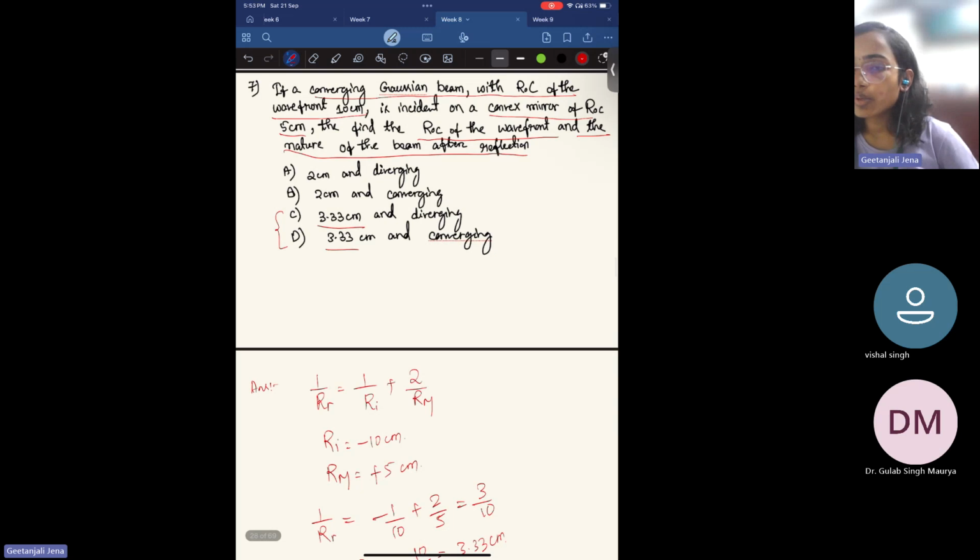So these are the problems that I wanted to solve in this lab section. So do you have any doubt in any of these 7 problems? If you have any doubt, you can write it in the chat box.